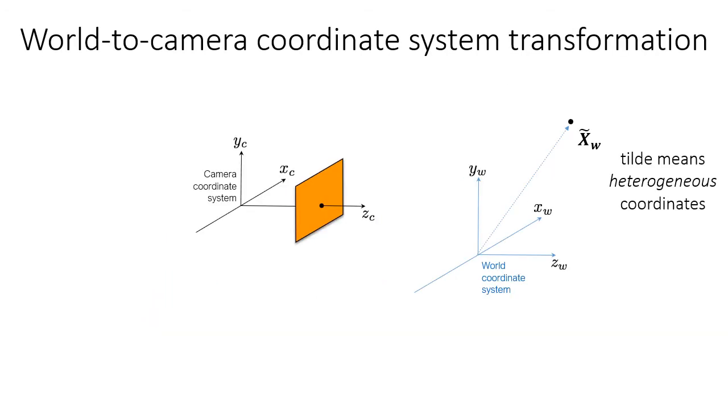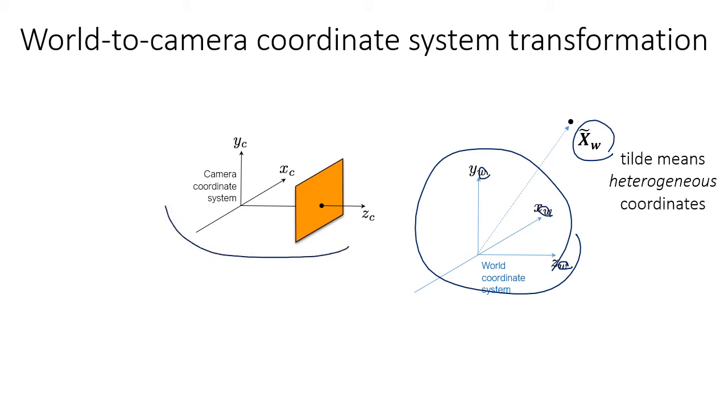Let me explain the world to camera coordinate system transformation. This is the world coordinate system. We have this X_W tilde, which means inhomogeneous coordinate, so the value is 3 values, not 4. This is the camera coordinate system. So this is C here, and this is the image plane, right?